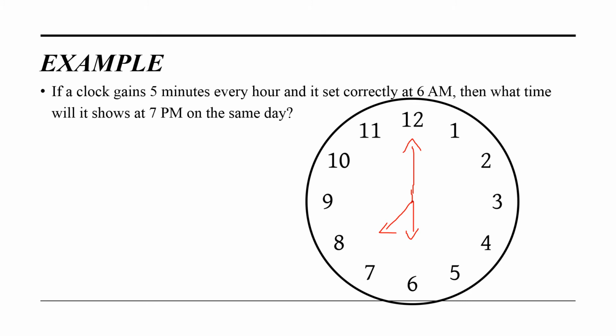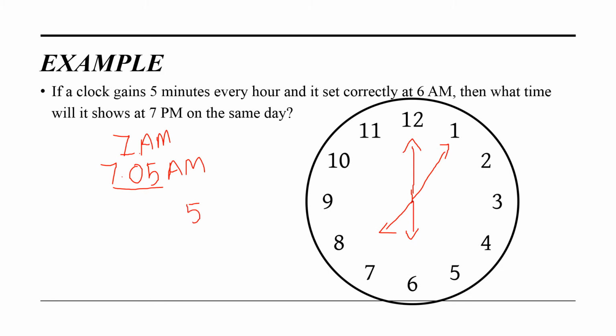Here the wrong clock will show 5 minutes extra, so the minute hand points towards 5. When the correct clock shows 7 a.m., the wrong clock will show the time as 7:05 a.m. Here the difference between 7 and 7:05 is 5 minutes.